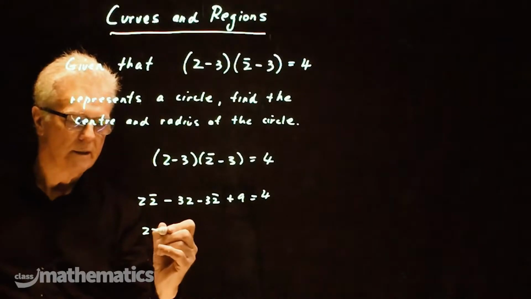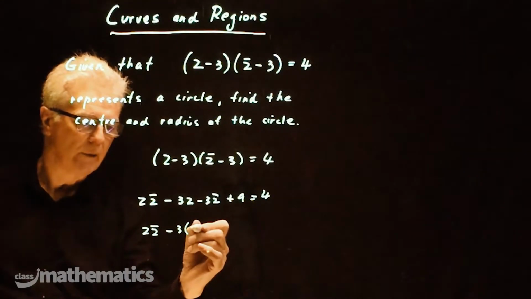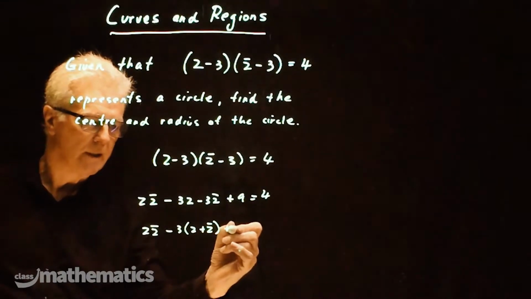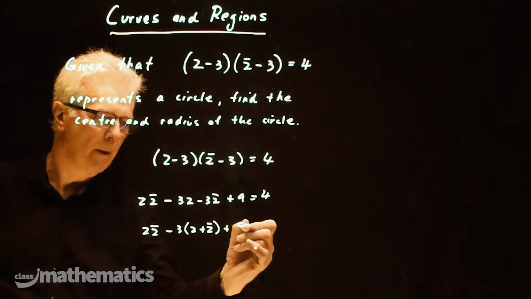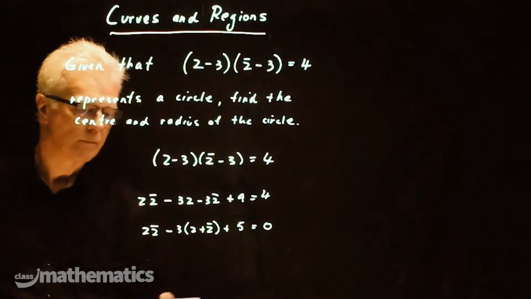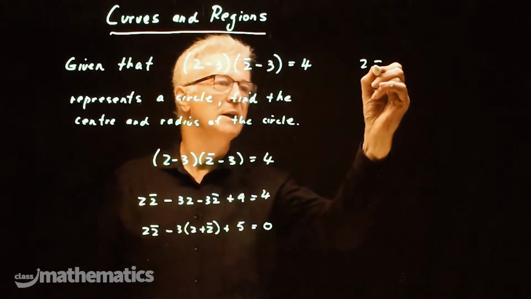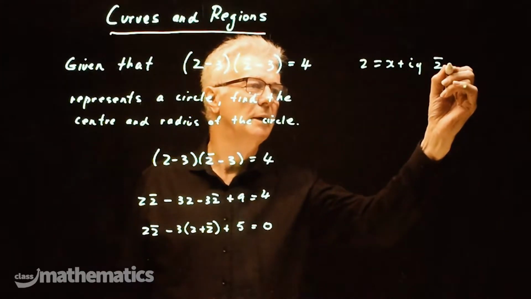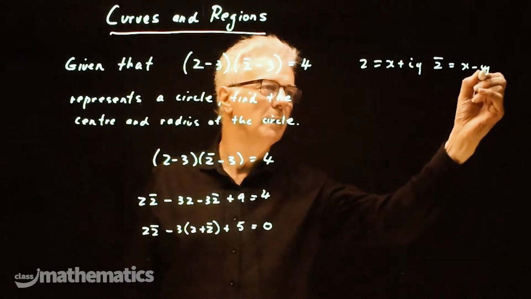That is z z conjugate minus 3 outside of (z plus z conjugate) plus, and bring this 4 across, we're going to get 5, aren't we? Equals 0. Now, z is equal to x plus iy, and z conjugate equals x minus iy.